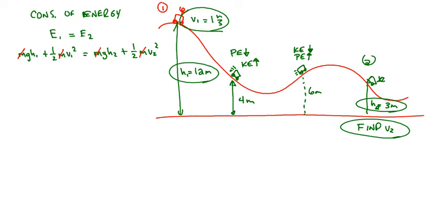Next up, I'm trying to solve for V2, so I'm going to subtract this term from both sides, and that will cancel it on the right hand side, put it over on the left, so I'll be left with GH1 minus GH2 plus 1/2 V1 squared equals 1/2 V2 squared. Next up, to get V2 by itself, I'm going to multiply both sides by 2.